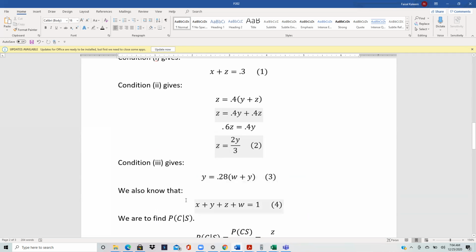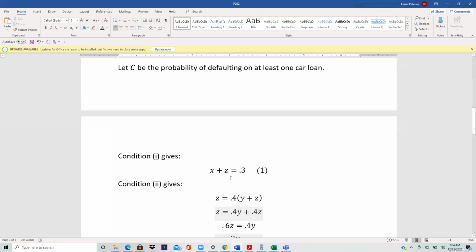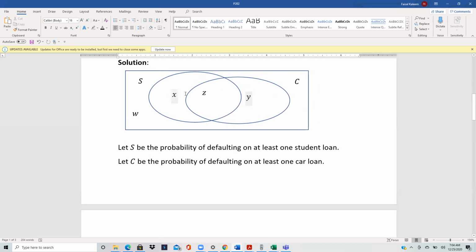First remember that X plus Y plus Z plus W is 1, because that's all the options, the whole sample space.